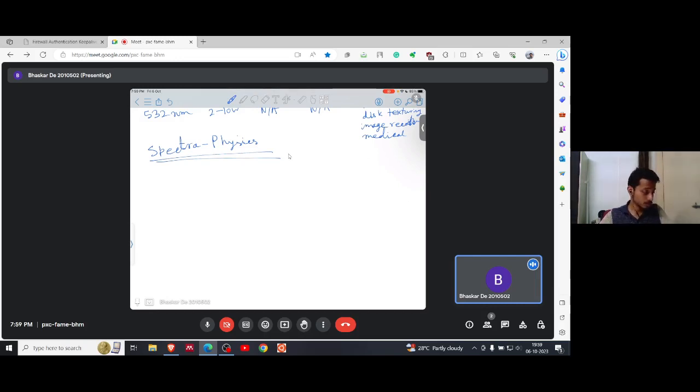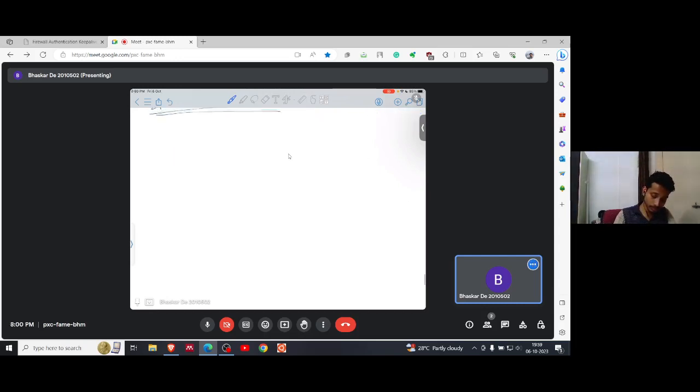Now we'll go into some details of a few lasers. The first one is the ruby laser. The specialty of the ruby laser is that it was the first laser that people developed.